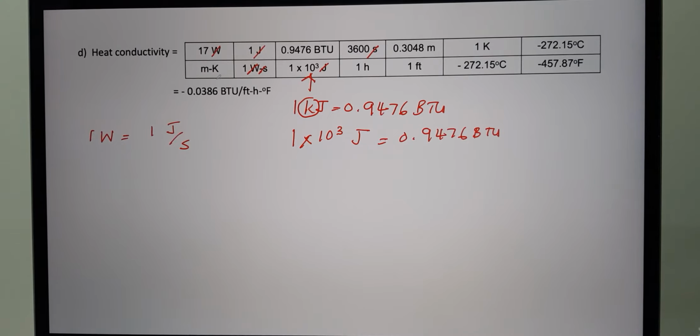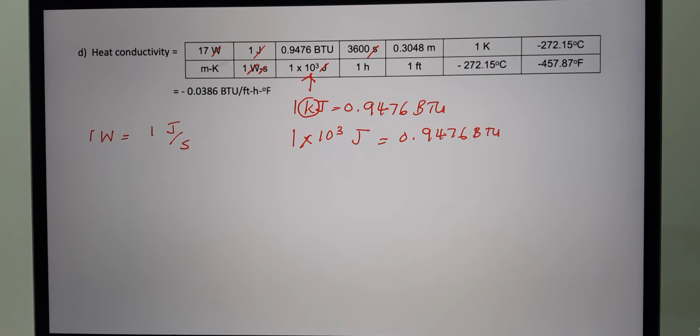Now we move on to the meter, because we want to settle one by one. For this watt first, you convert to joule per second, then cancel out the joule to become BTU, and cancel out the second as well.